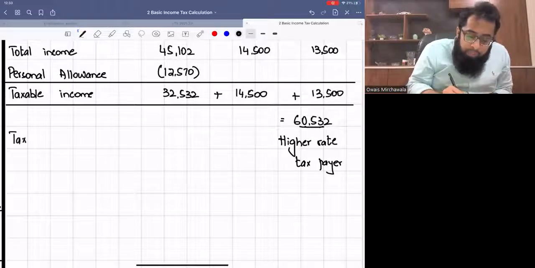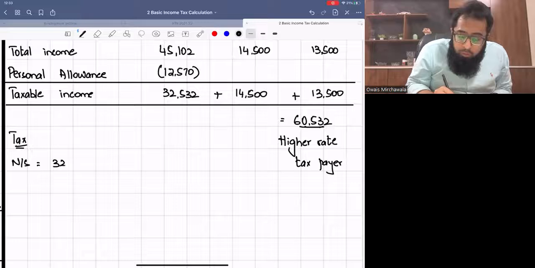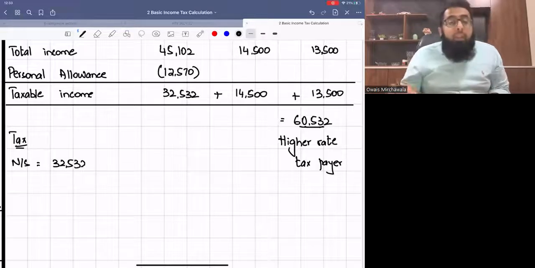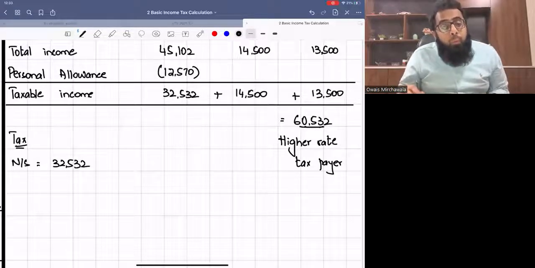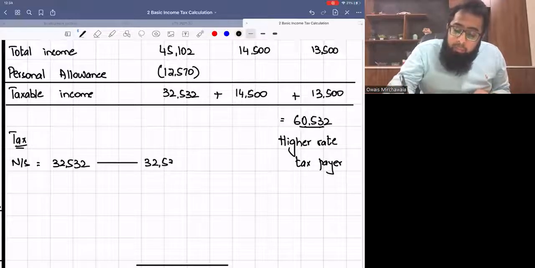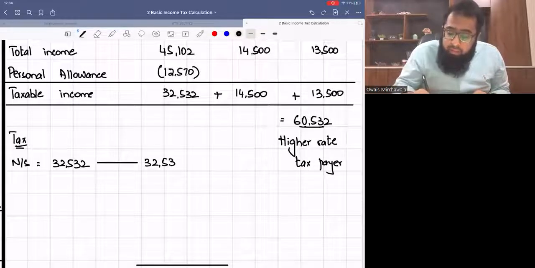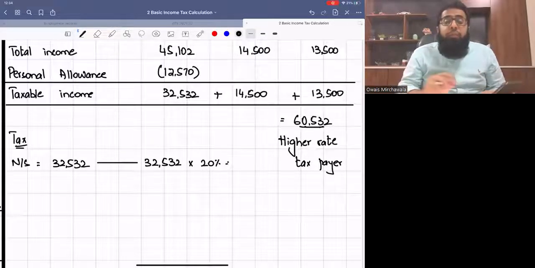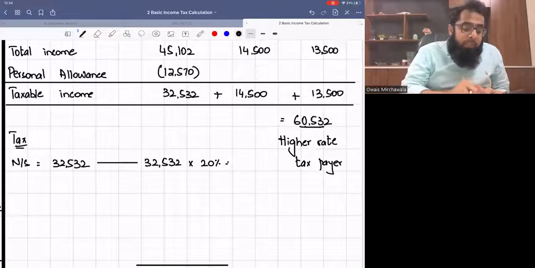Now we will apply tax on it. First of all, we will apply tax on non-saving income. 32532. Now this whole amount lies in the basic rate band because basic rate band is still 37,700. 32532 into 20%.